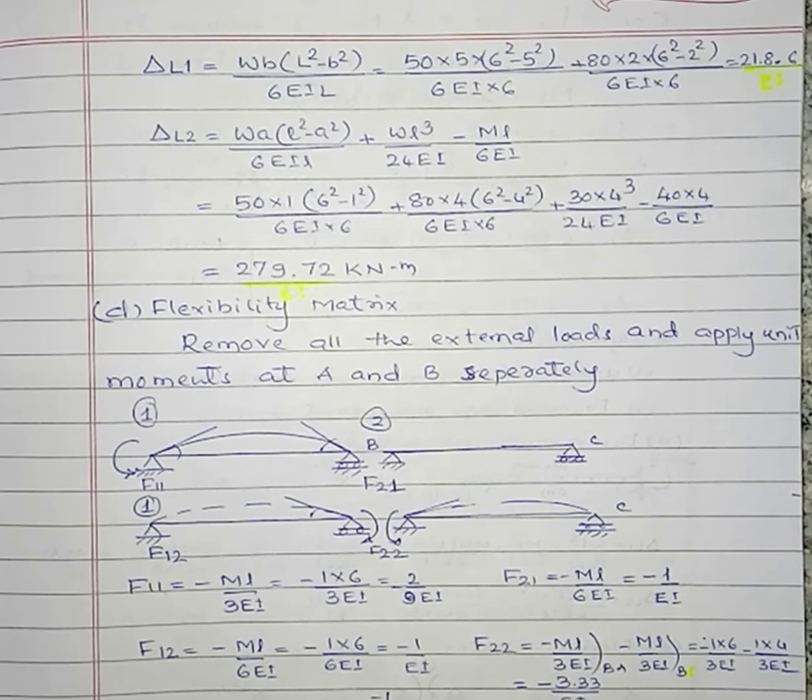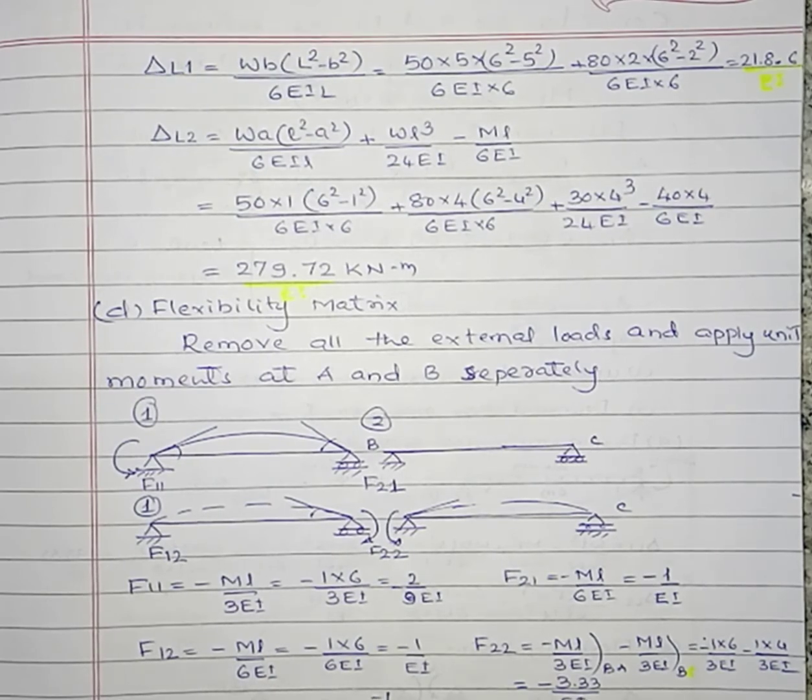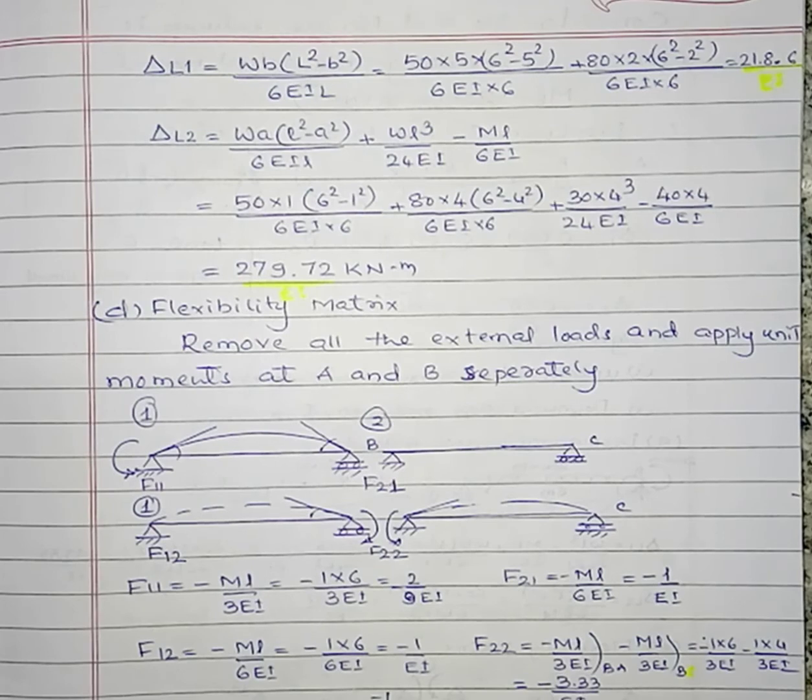By simplification and solving, we will get MA equals 79.22 kilonewton meter. Similarly MB equals 60.15 kilonewton meter.